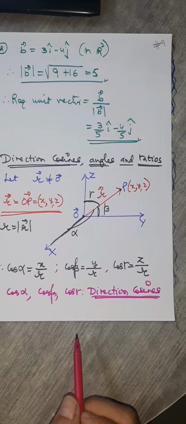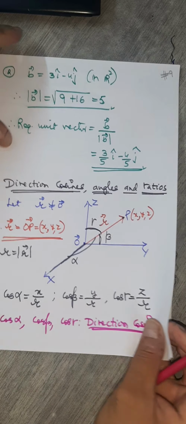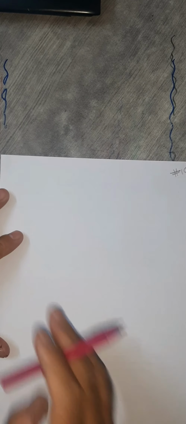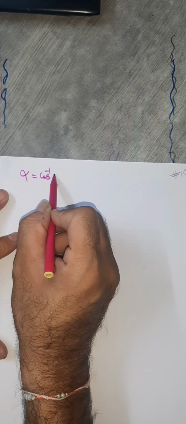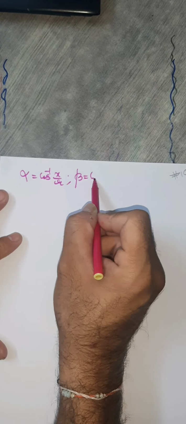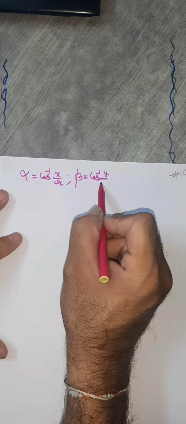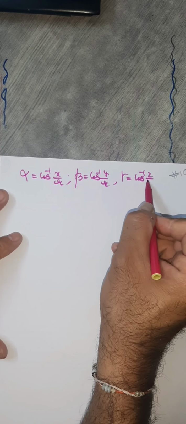And if you get alpha, beta and gamma from this, these are called direction angles. Alpha can be written as cos inverse x by r, beta as cos inverse y by r, and gamma as cos inverse z by r.